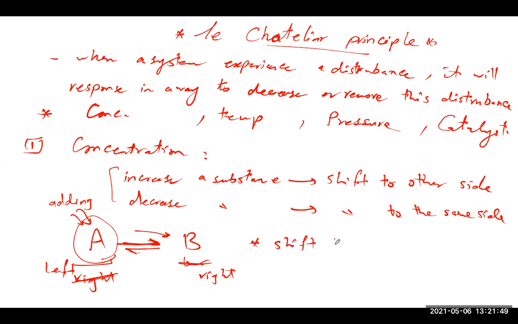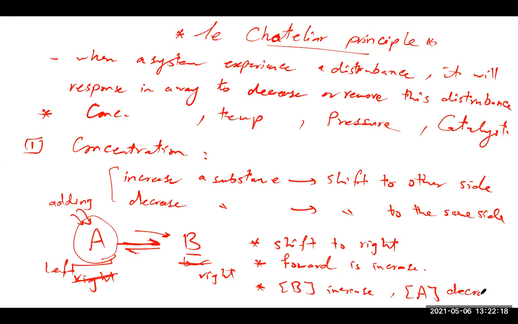It means that the forward rate increases. If the forward reaction increases, the concentration of B will increase because we produce more B, and the concentration of A will decrease because it will try to consume the amount that you added to the reaction.